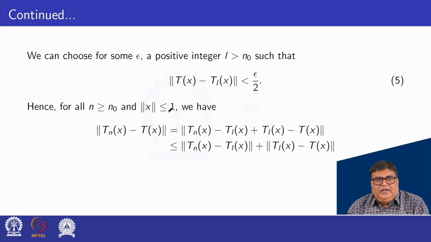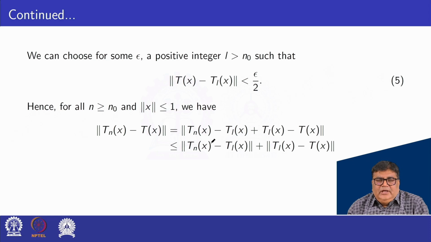Hence, for all n ≥ n0 and ‖x‖ ≤ 1, we have ‖Tnx − Tx‖ can be written as ‖Tnx − TLx + TLx − Tx‖. Here we have added TLx and subtracted TLx, that is Tnx − TLx as one term and TLx − Tx as second term.